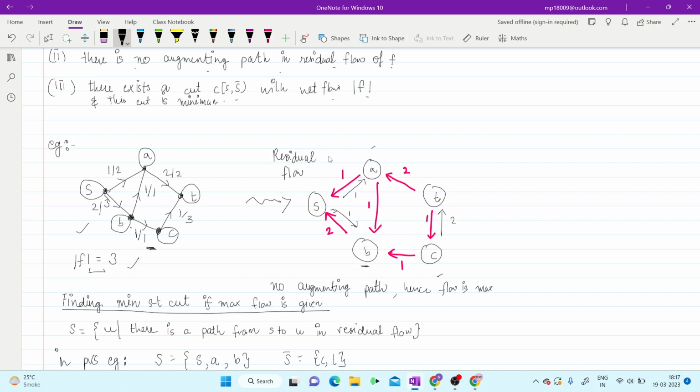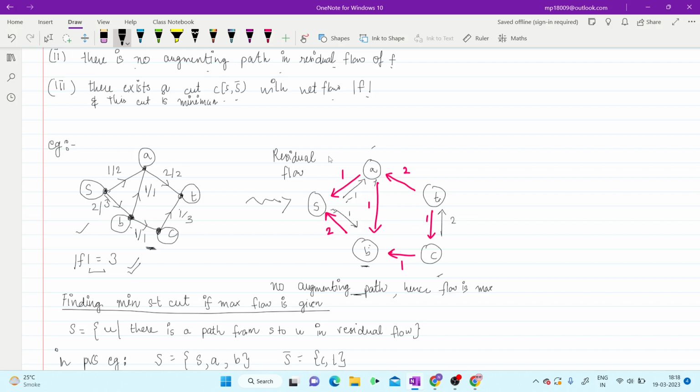Either we go from S to B, but there is no edge going out of B, so we cannot go anywhere else. Or from S to A, then A to B, but then also we are stuck. So this residual flow diagram has no augmenting path, and from the previous algorithm, we know that this is indeed the maximum flow. Now we are given that this is the maximum flow.